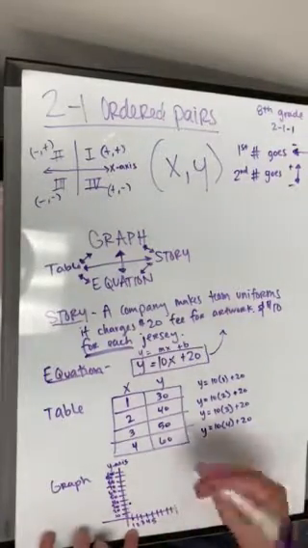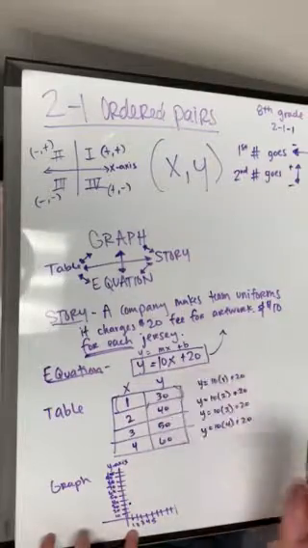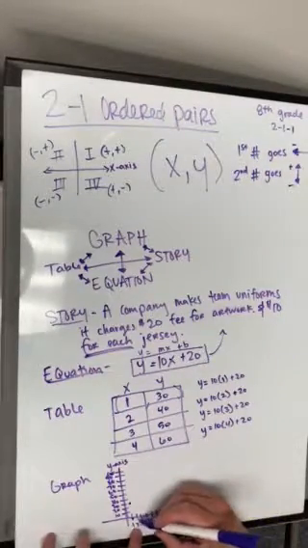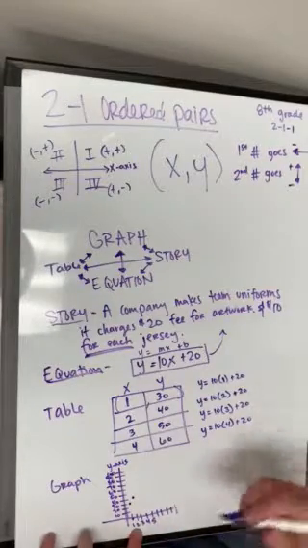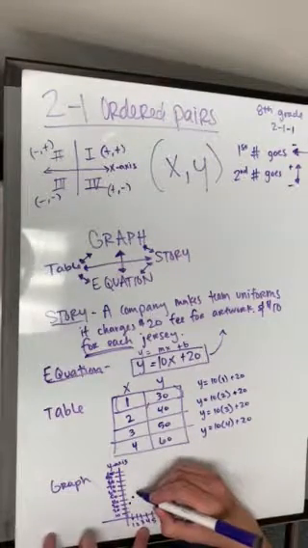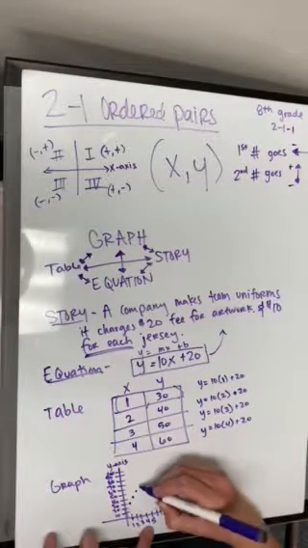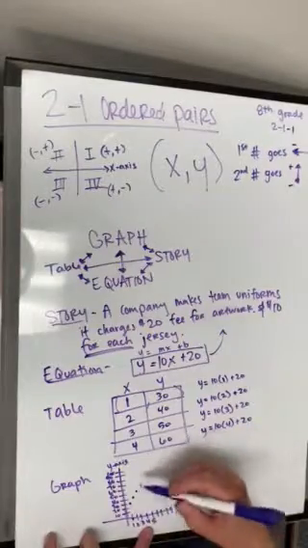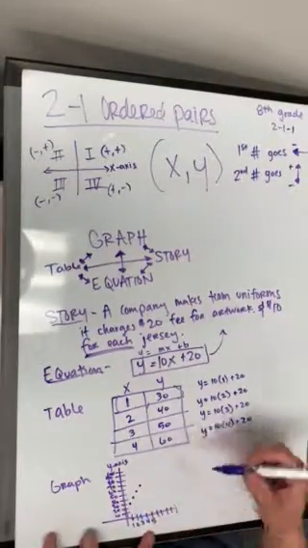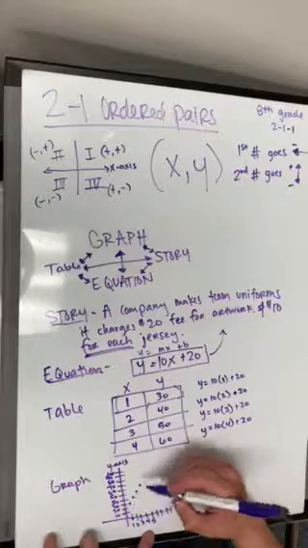So I can plot that point. I have it, that's my ordered pair, I plot it. My second one is going to cost $40. So that's my second point. My next one's going to cost $50, and so on and so forth. And that's really going to create this line that I have, which would be my graph, right?